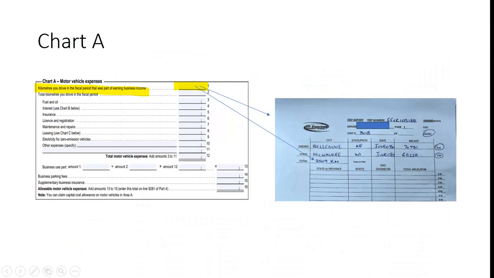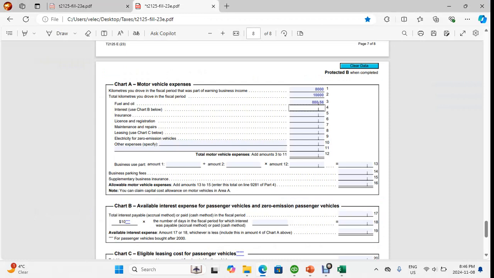In this case, this fiscal period is 1 year, so we'll type in the figure that we have for 1 year. Let's say in this case, this figure is $880.56.